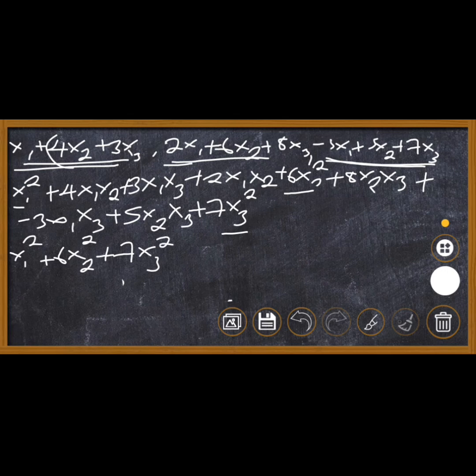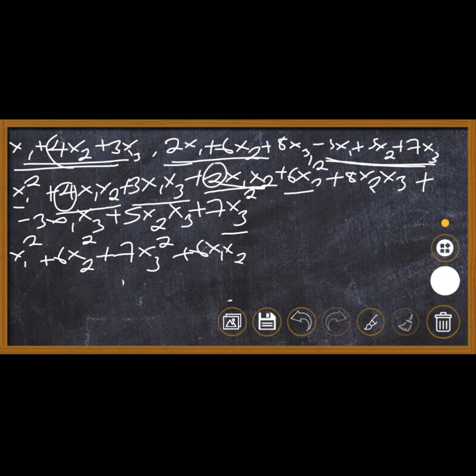After that you take note of whichever values are the same. We have this and this, so these are the same. We are going to add 4 plus 2, we have 6x1 x2. So we are done with this.